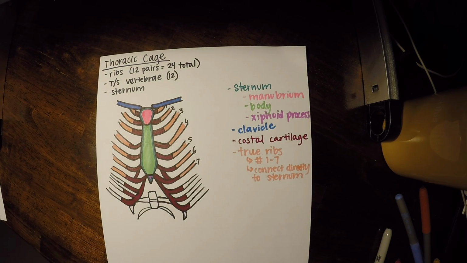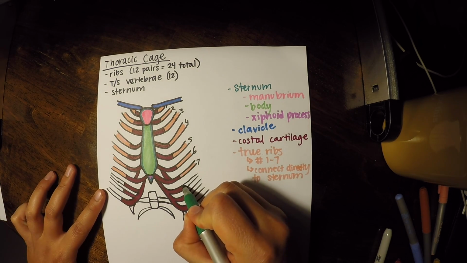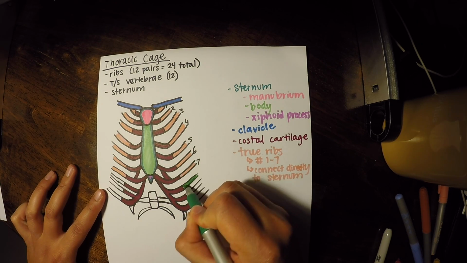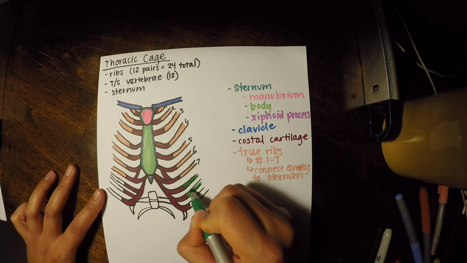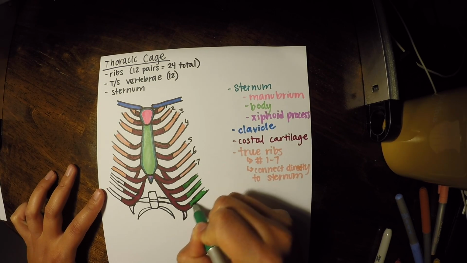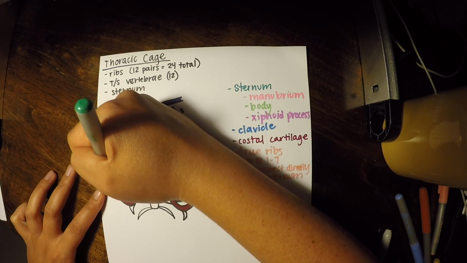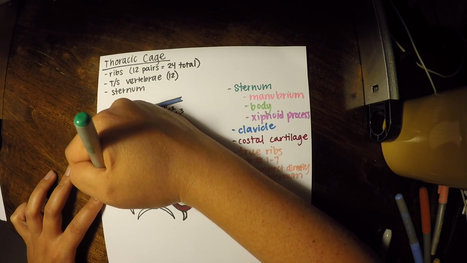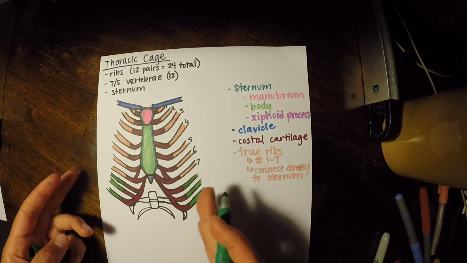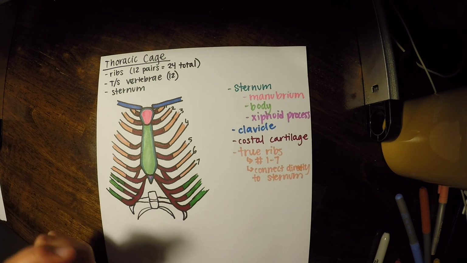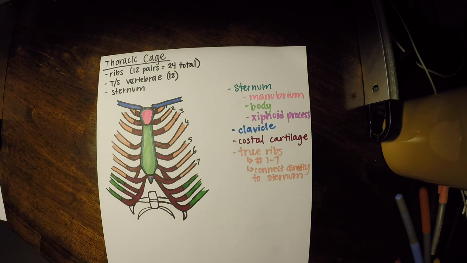Alrighty, so now let's go to our next type of rib, which is ribs 8 through 10. So we're going to make them dark green. And remember, these ribs in the back go all the way back and connect to the thoracic spine vertebrae.